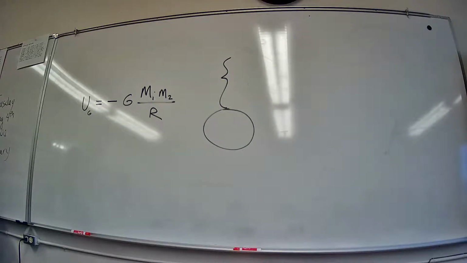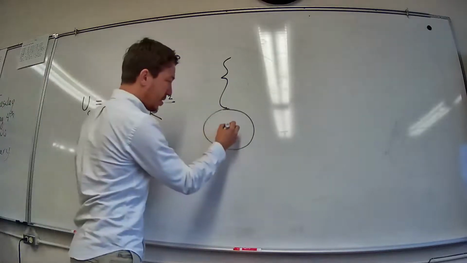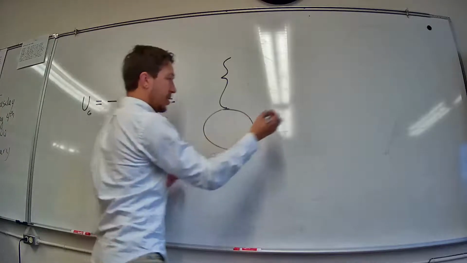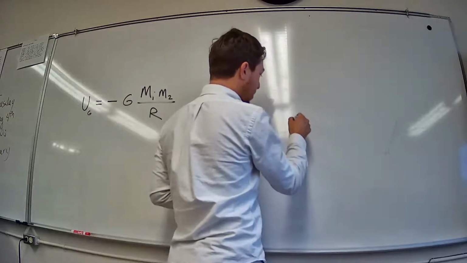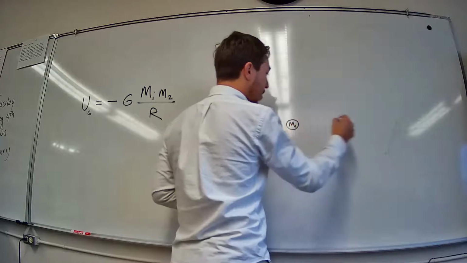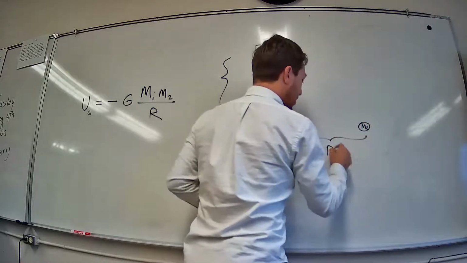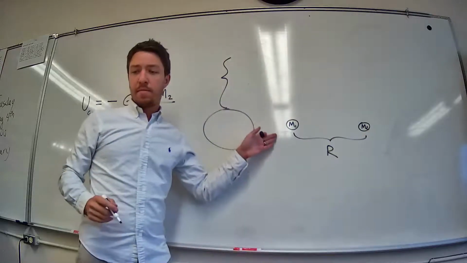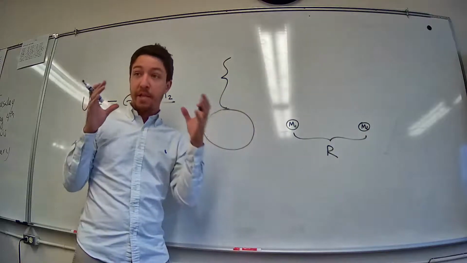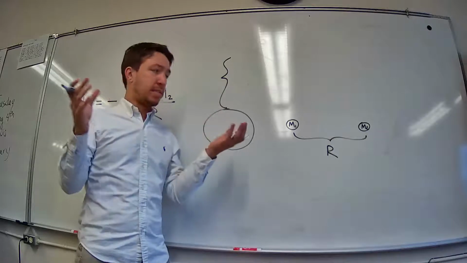And so what that means is this: if this is M1 and this is M2 and they're separated by a distance R, then this system contains gravitational potential energy. Now, why is it potential energy?